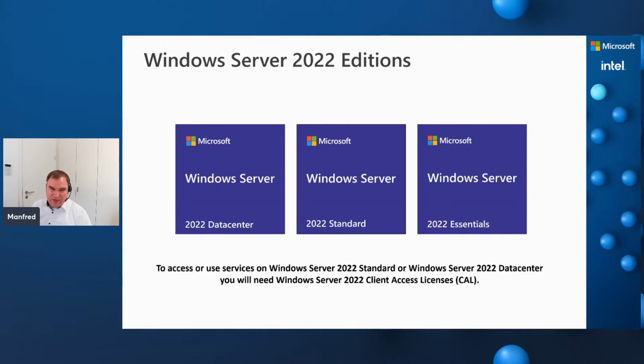To do a short recap here, maybe you remember that Standard and Essentials, these two editions, are identical regarding the technology. So when you install Windows Server 2022 Essentials, you will see a Windows Server 2022 Standard. So it's absolutely identical.